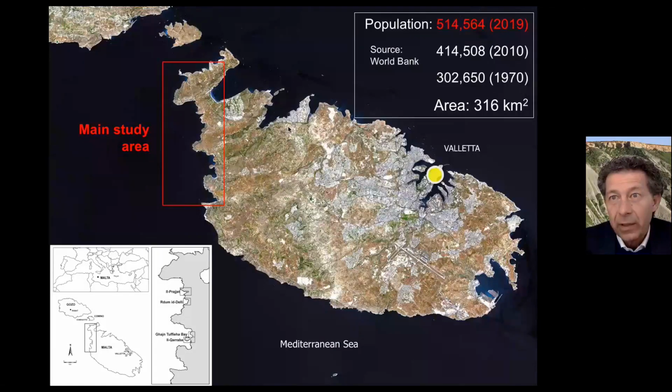So actually from 300,000 in 1950, we got to 400,000 inhabitants in 2010, and now the population is well above 500,000. So you see that in about 50 years, the population increased by 200,000 people, which is extremely significant in terms of possible vulnerability.